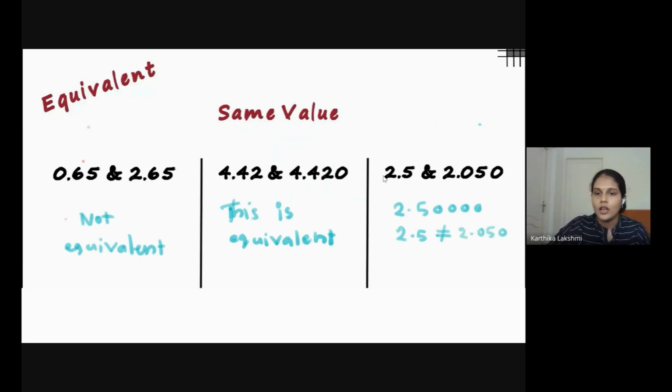You have to be very careful while dealing with these kinds of numbers. Don't get confused thinking that adding zeros anywhere in the decimal part won't change the value. That is incorrect. If you add 0 on the left, the value will change. So these are not equivalent. Got it?